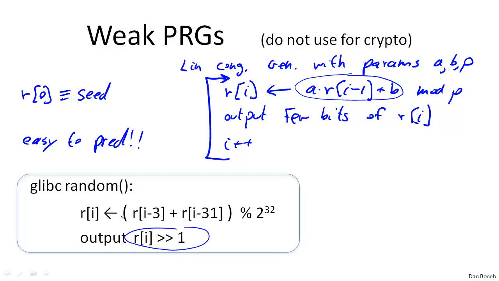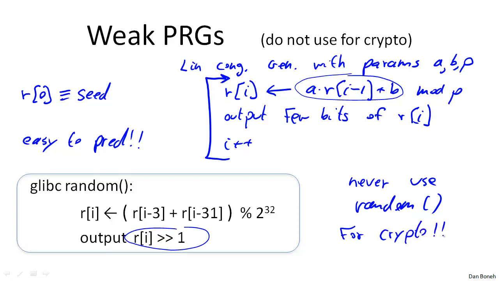So the lesson I want to emphasize here is never ever use the built-in glibc function random for crypto, because it doesn't produce cryptographic randomness, in the sense that it's easy to predict. In fact, systems like Kerberos version 4 have used random and have been bitten by that. So please don't make that mistake yourself.